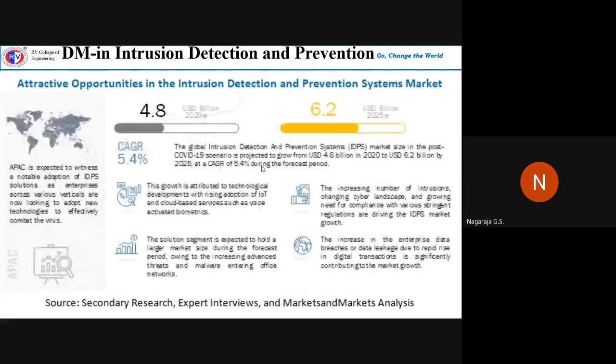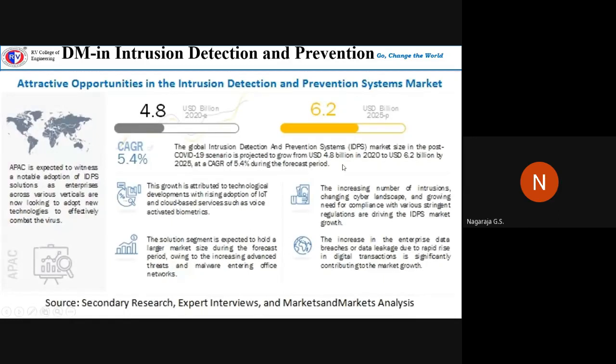If you look at the survey of intrusion detection systems in a global scenario, there is roughly a 5.4% CAGR. The global intrusion detection and prevention system market size in the post COVID-19 scenario is projected to grow from US dollar 4.8 billion in 2020 to US dollar 6.2 billion by 2025, at a CAGR of 5.4% during the forecast period.